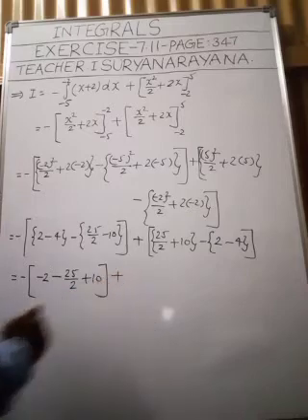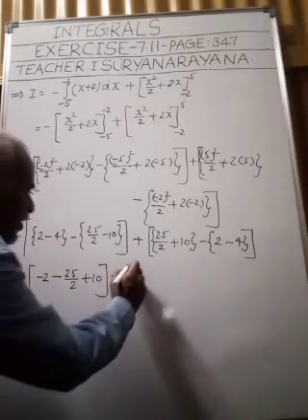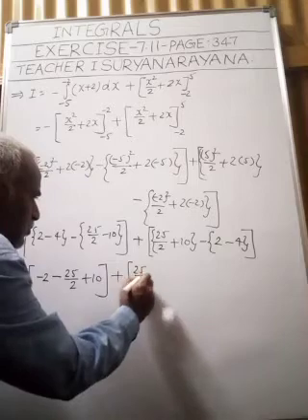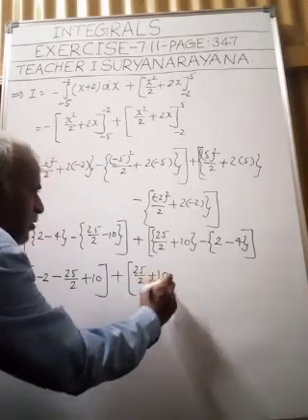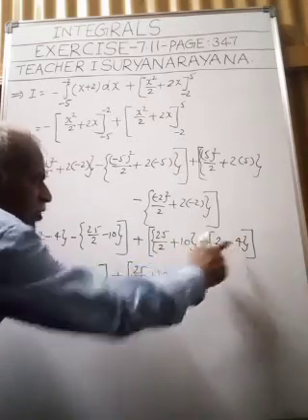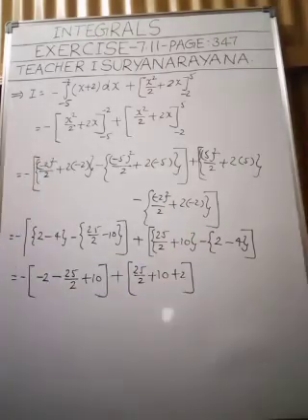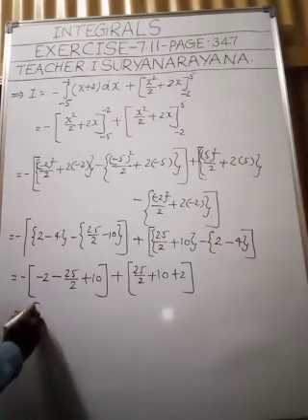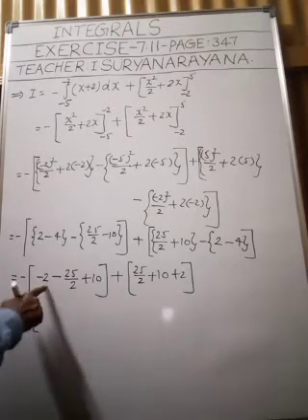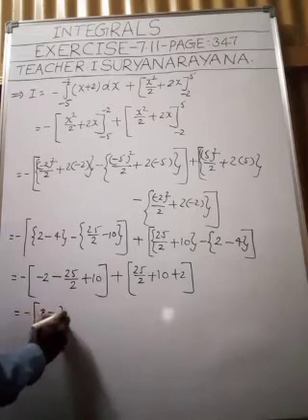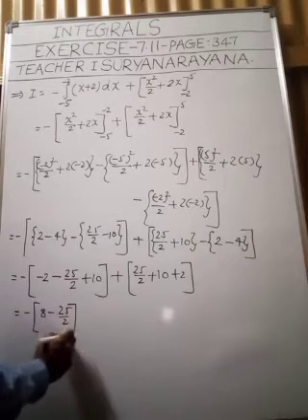Plus, what will get here? 25 by 2 plus 10. What will get? 2 minus 4 minus 2. Minus of minus 2 plus 2. Understood this step, my children? Right. That is equal to minus of 10 minus 2, 8 minus 25 by 2.